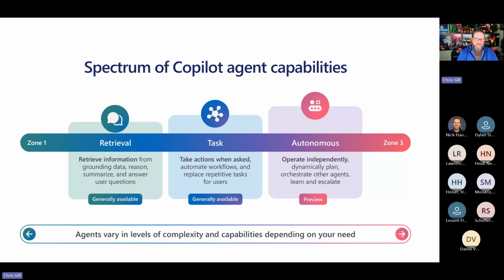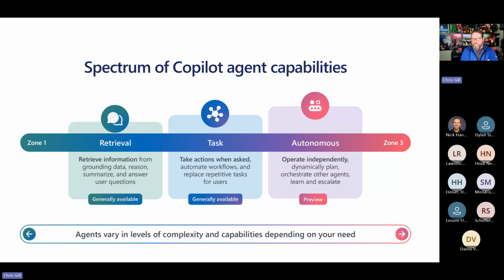I look at this slide as a journey: as we move from retrieval to task to autonomous, left to right across the spectrum, the power and the risk increase.